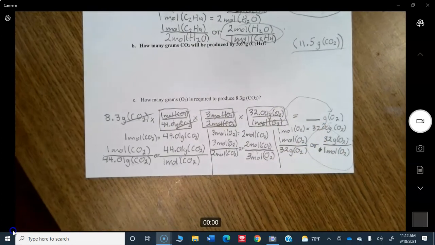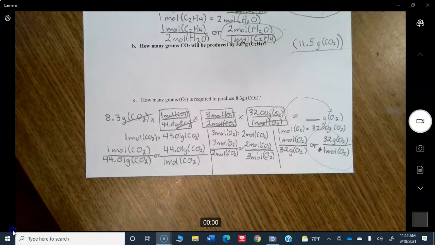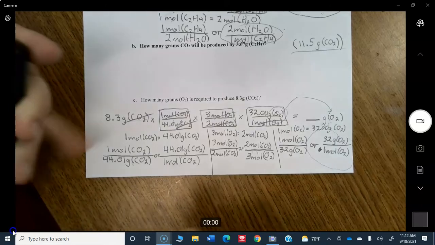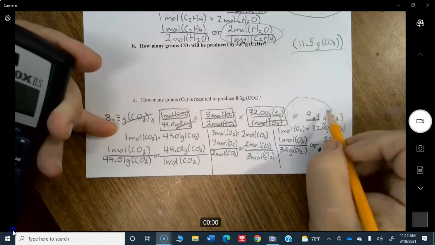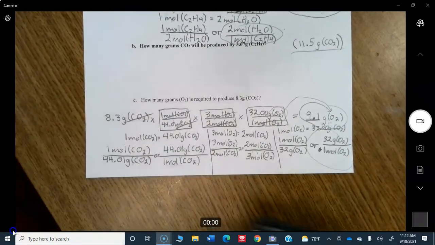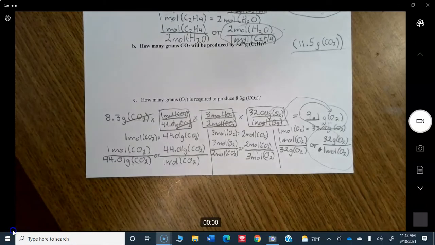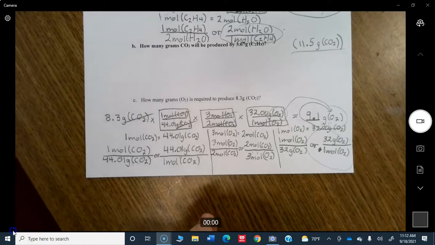So now you multiply everything on top. 8.3 times 1 times 3 times 32 divided by 44.01 divided by 2 divided by 1, and that gives us, just call it 9.1. It rounds up to 9.1. So 9.1 grams of O2 is how much is produced from 8.3 grams of CO2, or the other way around. 8.3 grams of CO2 is produced from 9.1 grams of O2.